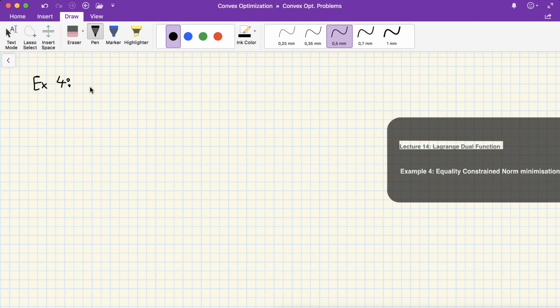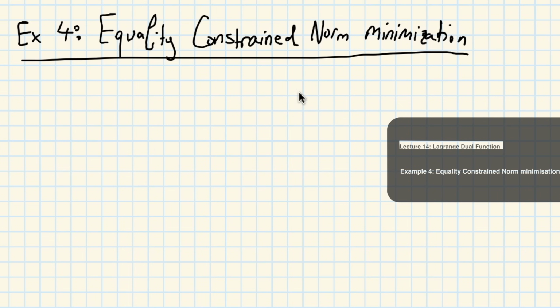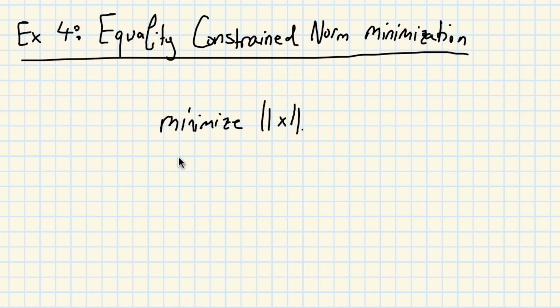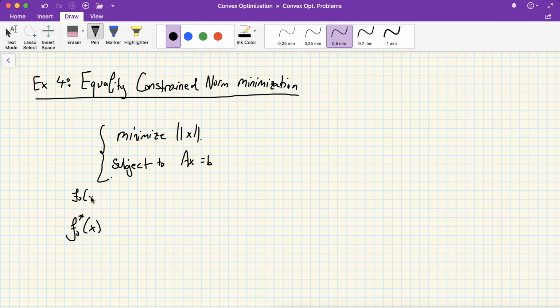So example number 4 is going to be equality constrained norm minimization. So here I've got to minimize the norm of x subject to an affine constraint. f0 of x is the norm of x. We've seen previously, you can actually derive the conjugate function of the norm using the supremum over x of y transpose x minus the norm.